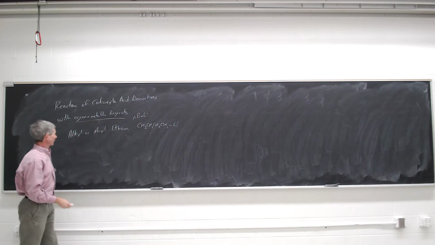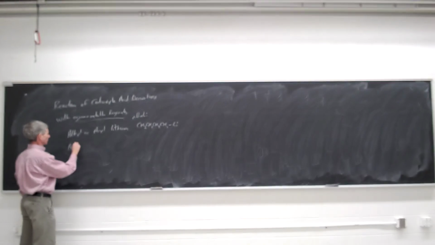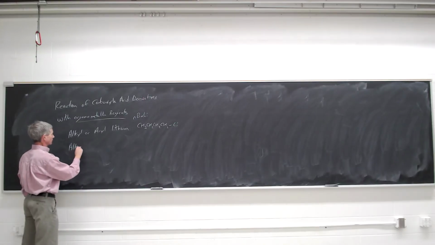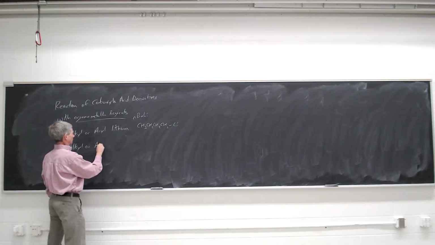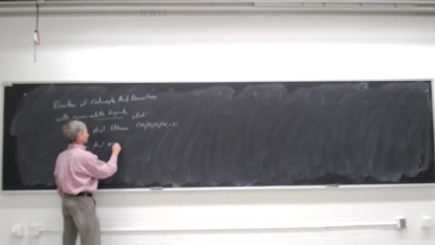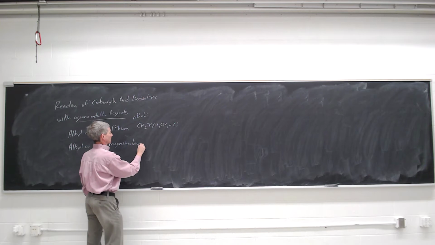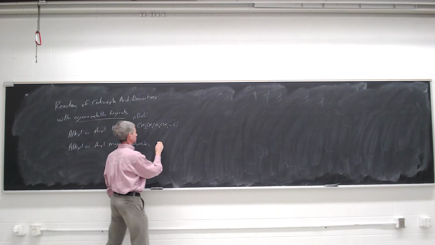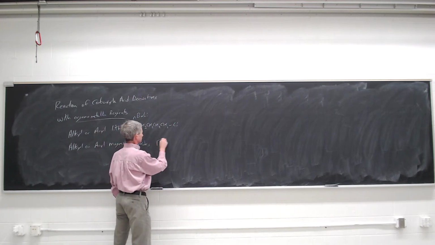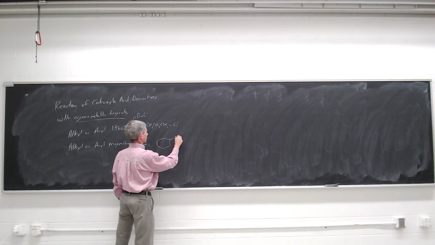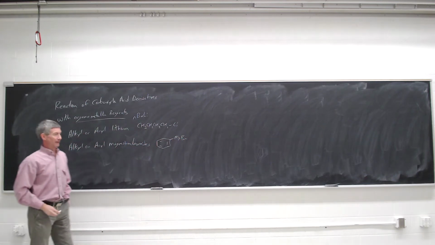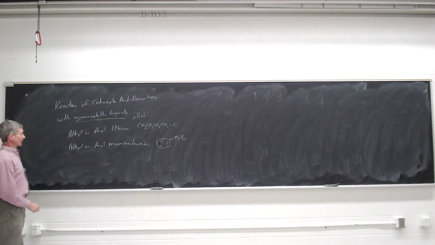We're talking about alkyl magnesium bromides or aryl magnesium bromides, sometimes iodides, like the familiar phenylmagnesium bromide that we used in the first lab of this semester.